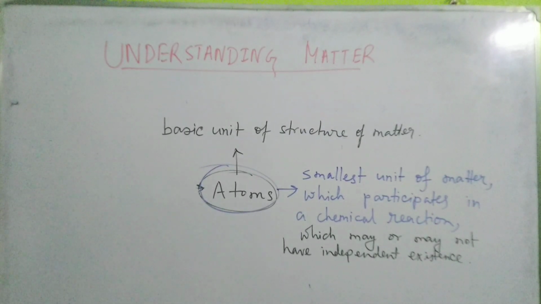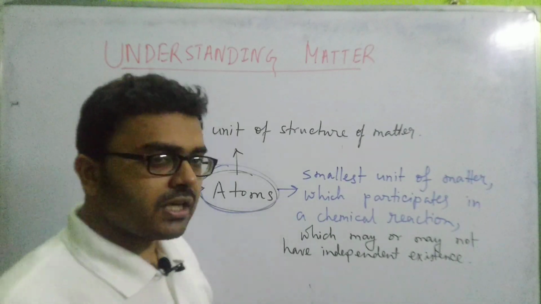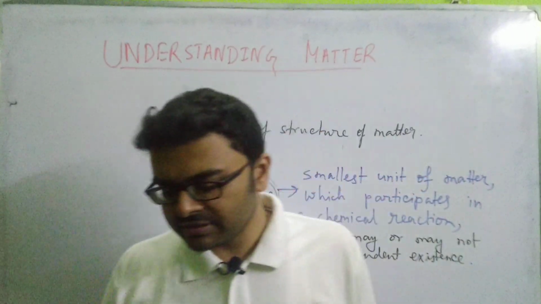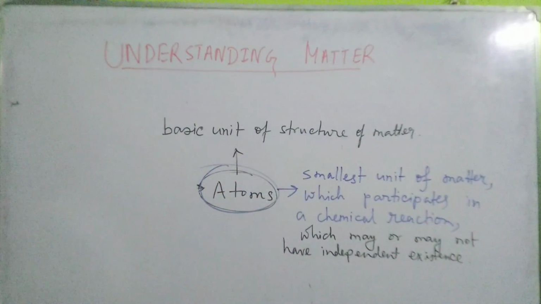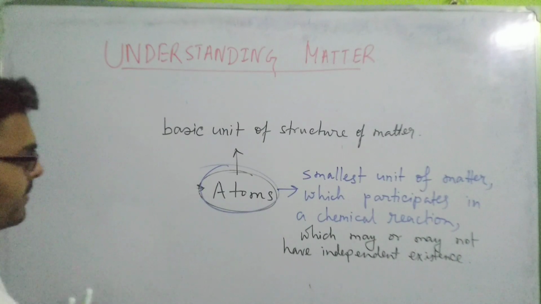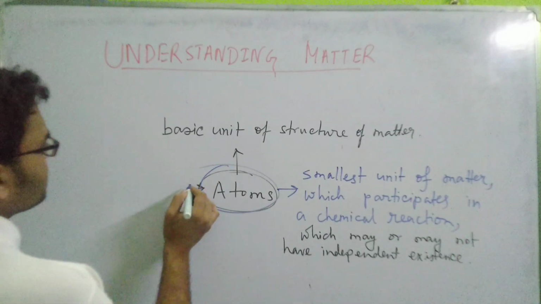Now the next thing that comes is, what are these atoms made up of further? There have been many investigations, many experimentations. Through those experimentations it has been found that an atom consists of 3 smaller particles. What are those particles?